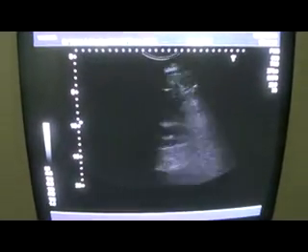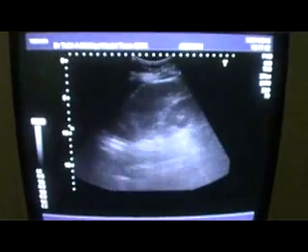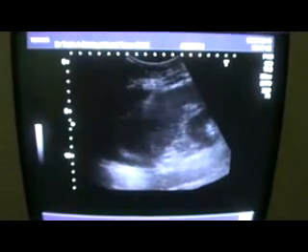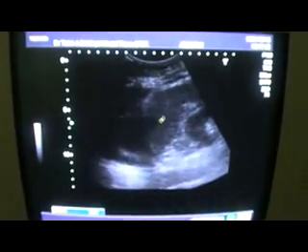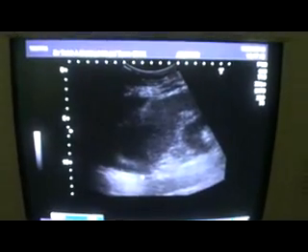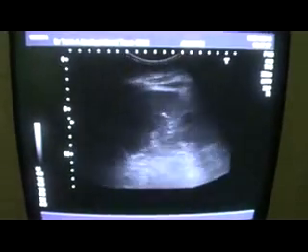Now this is the left side. Here on the left side, this is the spleen, and this is fluid in the left pleural space. This is the kidney. The kidney is normal.